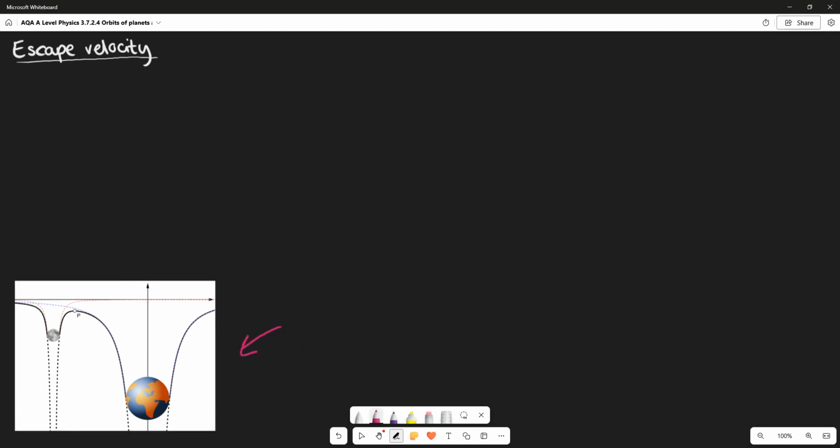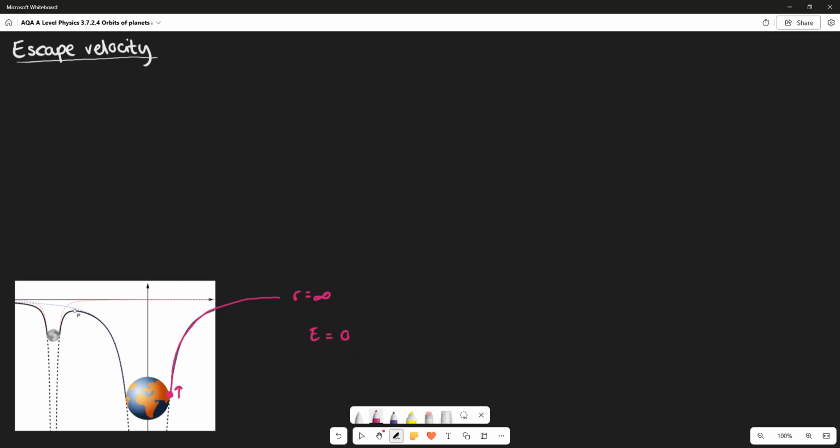Let's consider the gravitational potential. An object on the surface of the Earth, in order to escape the gravity of the Earth, would need to climb out of this well and reach a distance of r equals infinity. And if it escaped at exactly the escape velocity, then it would reach this distance with a total energy of 0.